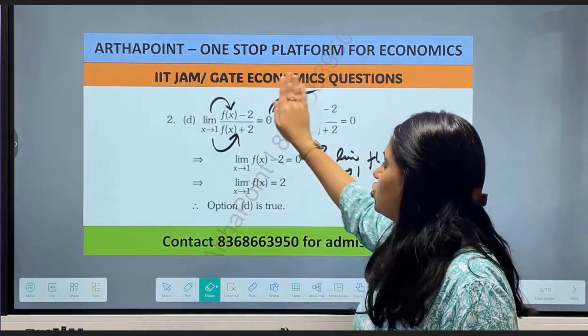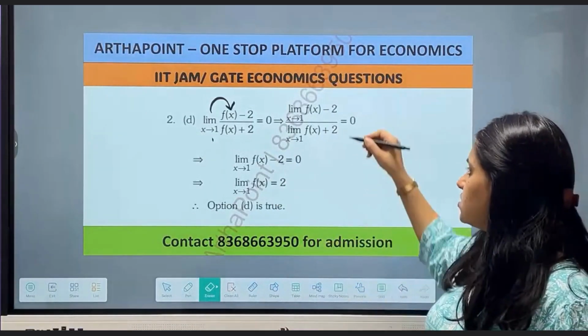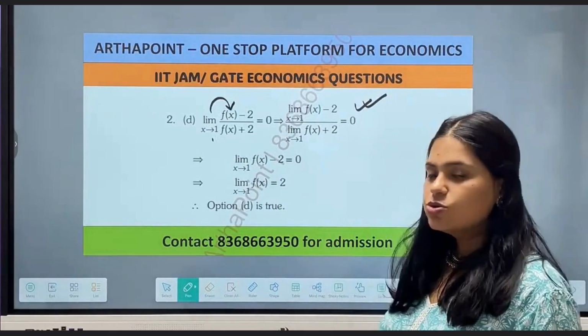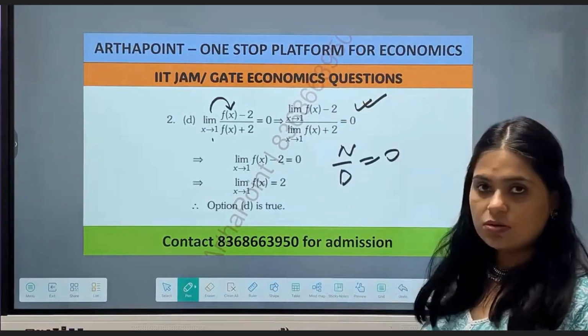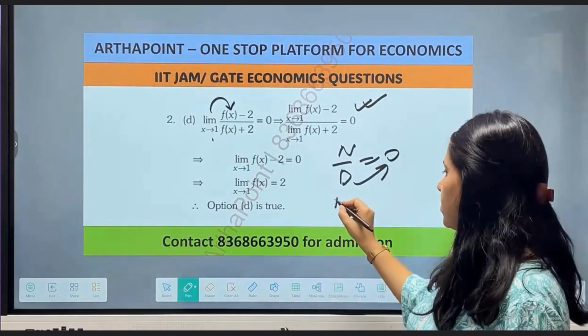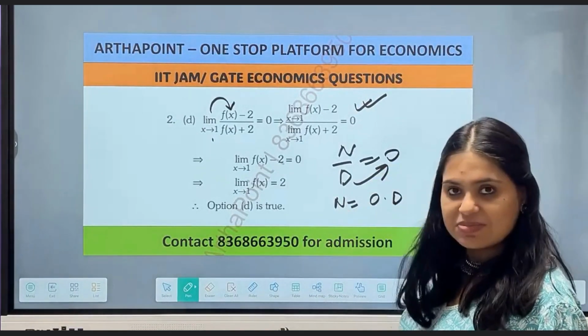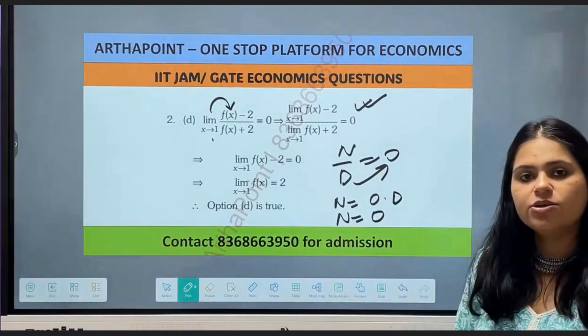Now just notice that this is given to me as equal to 0. So if numerator by denominator is equal to 0, can I just take the denominator across? Yes. So the numerator will simply be 0 into denominator, and 0 into denominator means 0 only. So I can simply equate the numerator to 0.